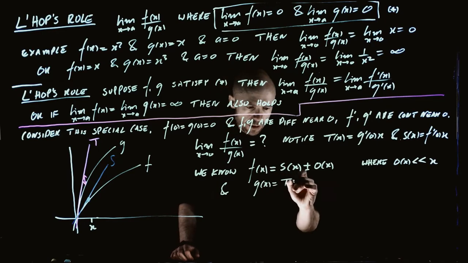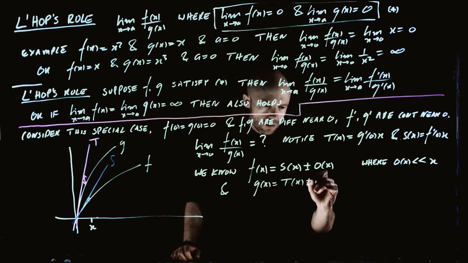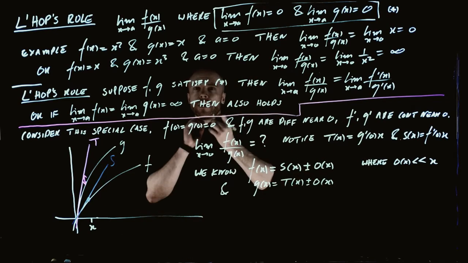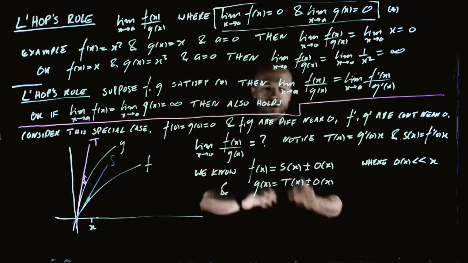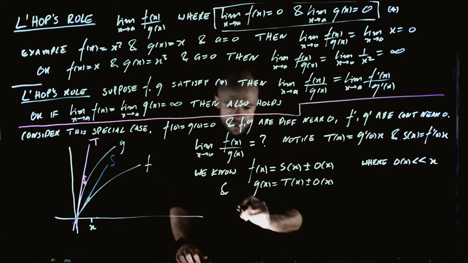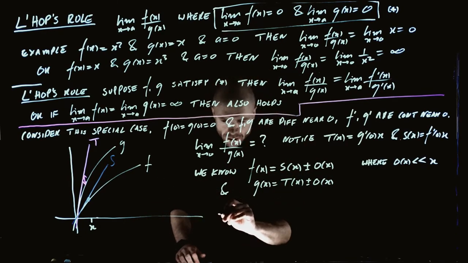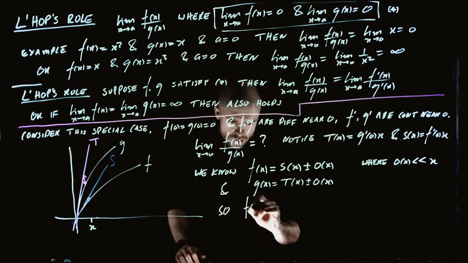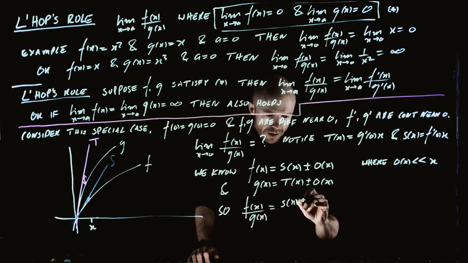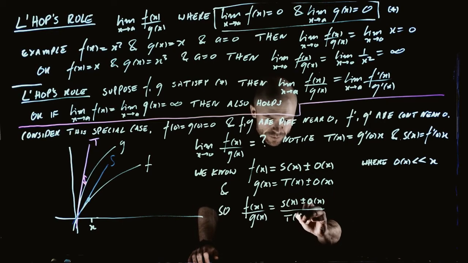It's equal to its tangent line. And it's a different error, but we're not going to give it a different name because we don't care, because the only thing about it that's important is that it's a lot smaller than x. So if we look at this thing that we're trying to understand, f of x over g of x, that is like s of x, the tangent line, plus minus this little error over this thing.